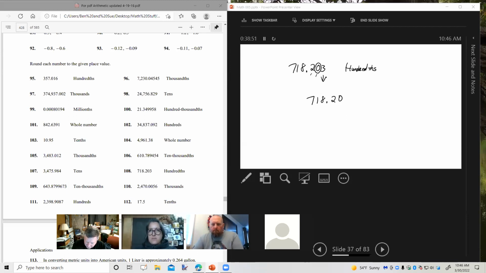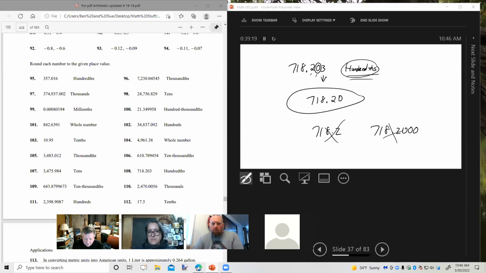For instance, this problem, this is the correct answer. You need to have that 0 because it wanted it rounded in the hundredths column. However, if you put that in to WAMAP, or if you put this in to WAMAP, it will accept both of them, okay? So I will accept both of them, but technically they are not correct. So just to let you know that you want to have the last digit that's listed, but nothing beyond that.